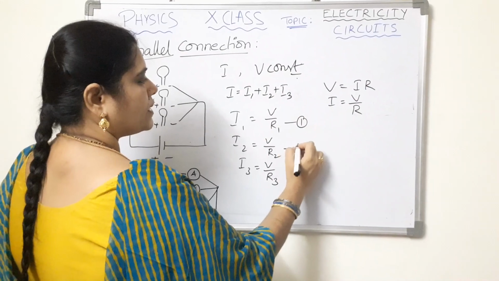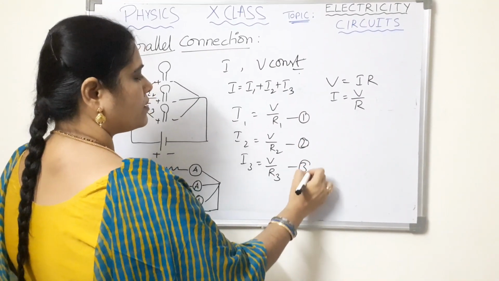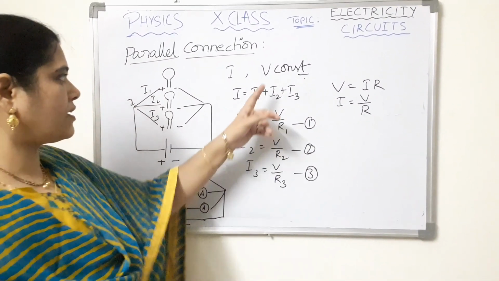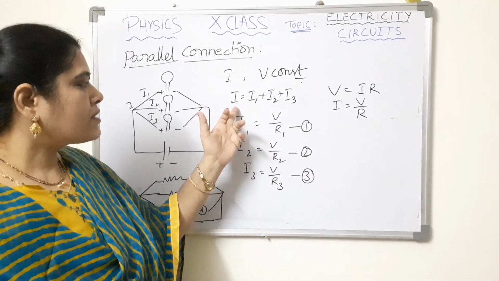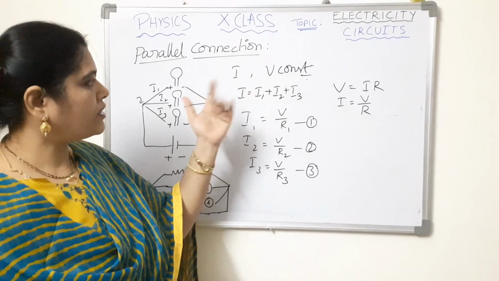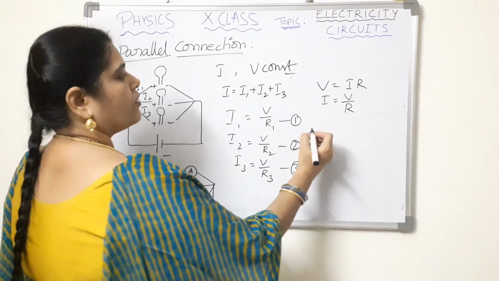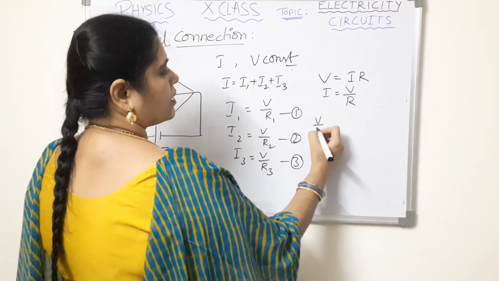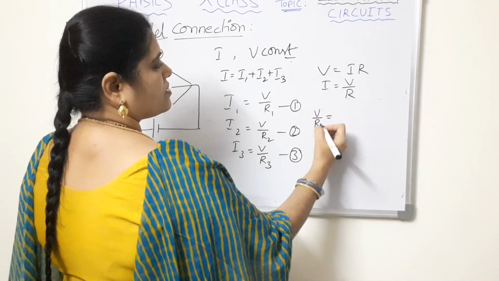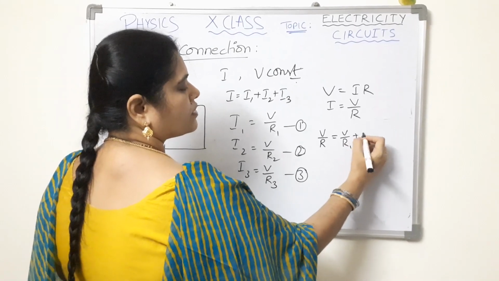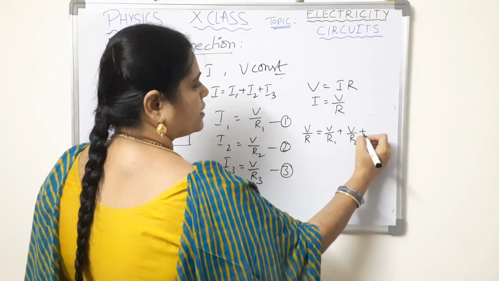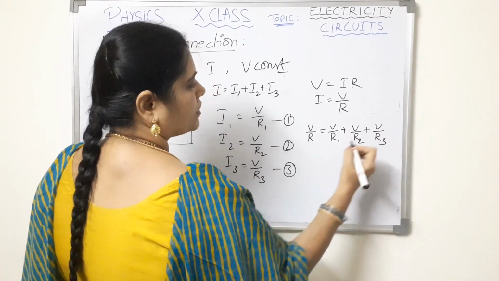And see these all three equations. What we are observing in all these three is that V is constant because it is in parallel connection. So from this formula, if you substitute all these values, then you will get like this: V by Req is equal to V by R1 plus V by R2 plus V by R3.